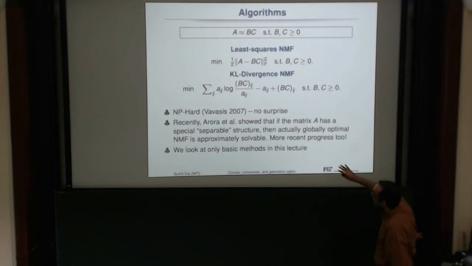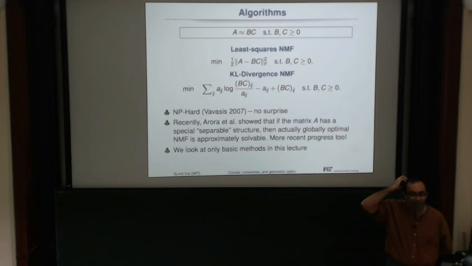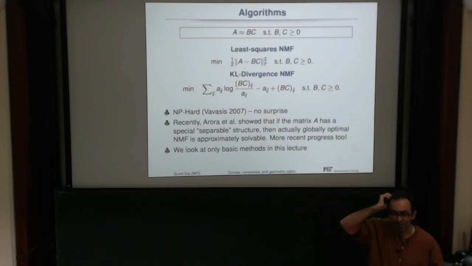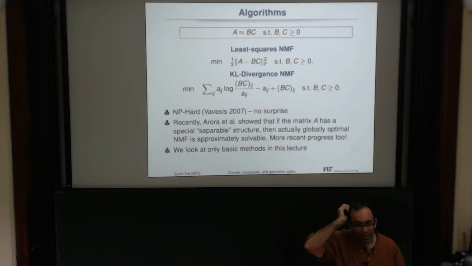But recently in theoretical computer science, there has been a pretty interesting development. I'm not going to talk about that, but I'll just tell you that even for this problem, which is NP hard, people continue looking at it and at its extensions to tensors and non-negative tensors, and they try to identify some special properties of the input matrix A, upon exploiting which you can actually solve these NP hard problems to global optimality.